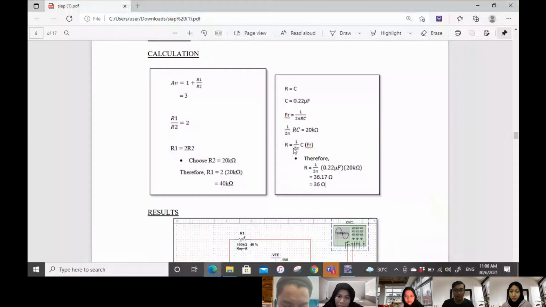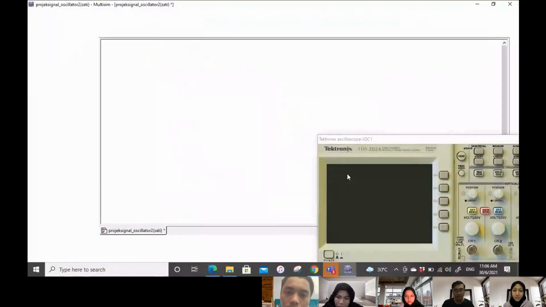And to find R, R equals 1 over 2 pi times C times F. Therefore the resistance that we get is 36 ohm. So proceed to the Multisim.